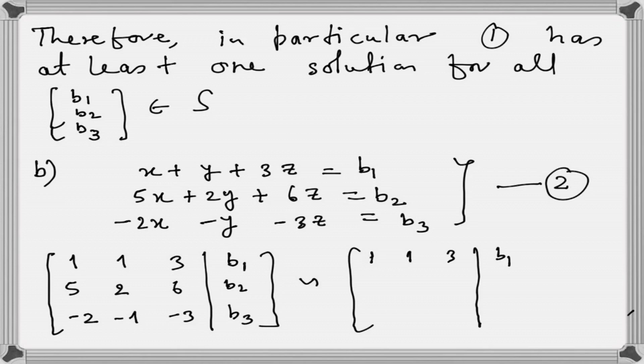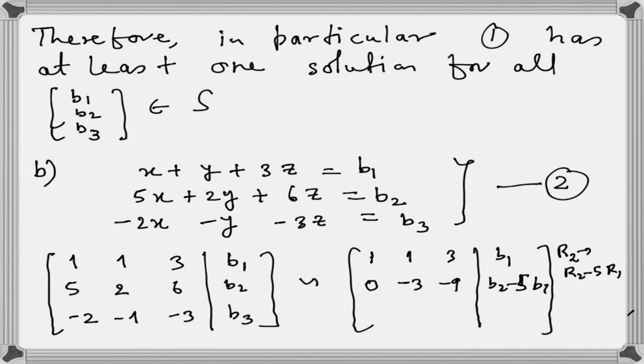The transformation is r2 minus 5r1, so this is 0, 2 minus 5 is minus 3, 6 minus 15 is minus 9, b2 minus 5b1. So r2 is r2 minus 5 r1.